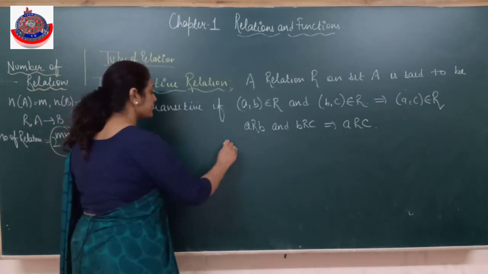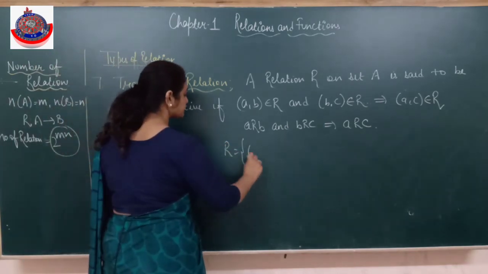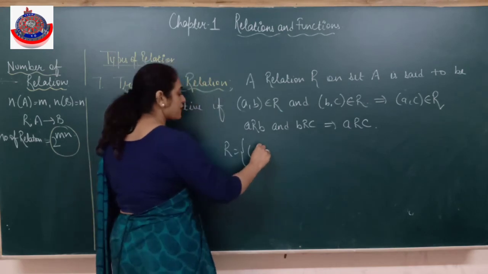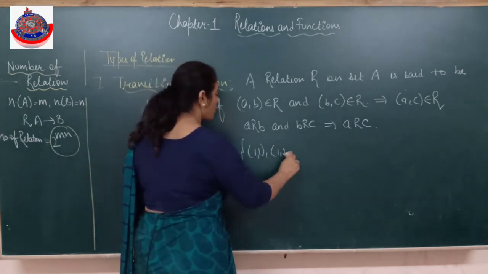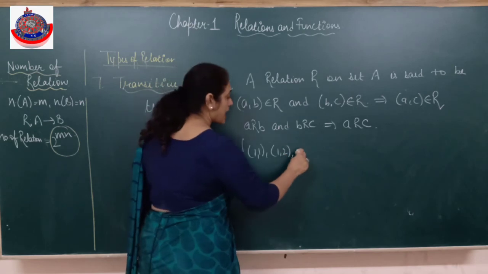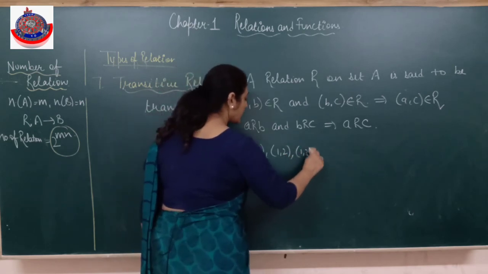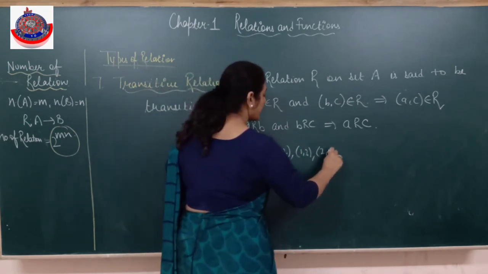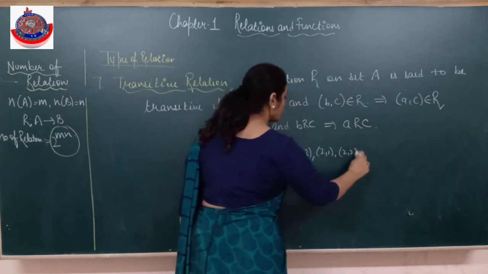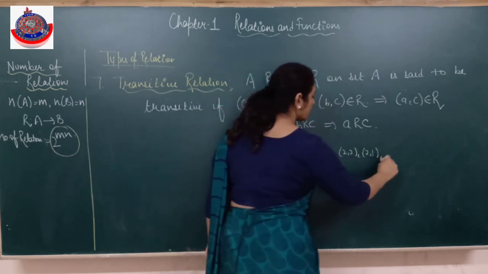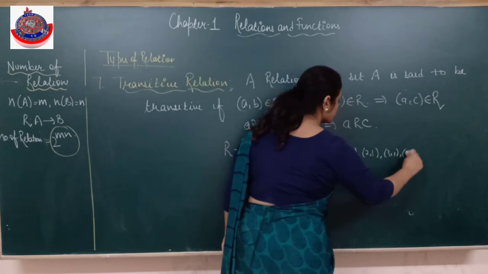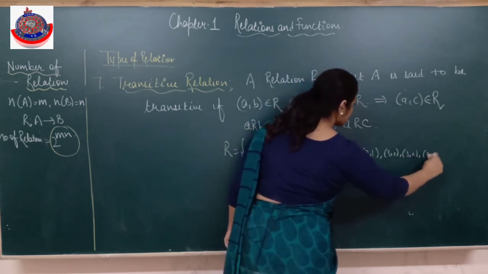So that means, talking about ordered pairs, if I have (1,1), (1,2), (1,3), (2,1), (2,2), (2,3), (3,1), (3,2), (3,3).